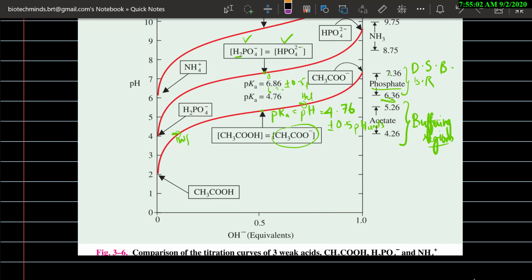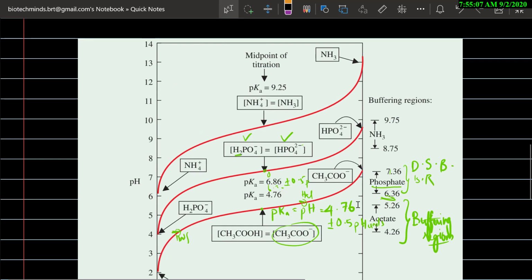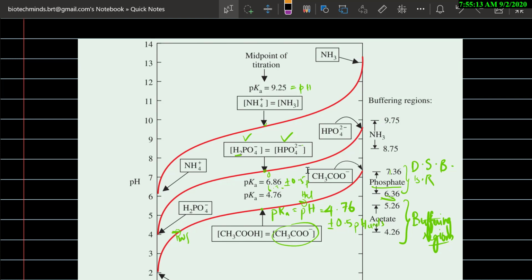Okay, and the third example is ammonia. Ammonia has a pKa value of 9.25, and the equivalence point is here. So the buffering action is centered on the pKa of ammonia, 9.25. You have to add plus or minus 0.5 pH units for the effective buffering range.